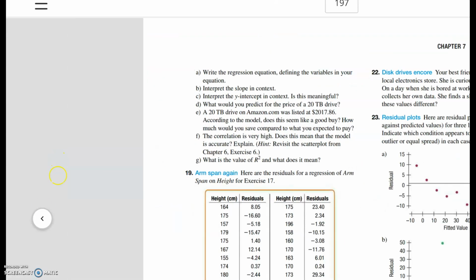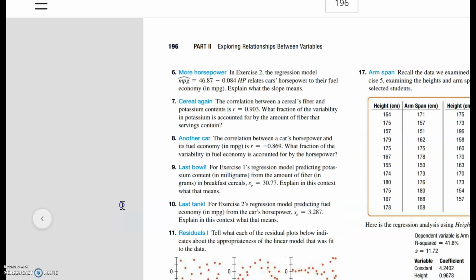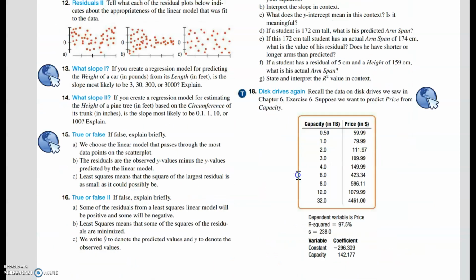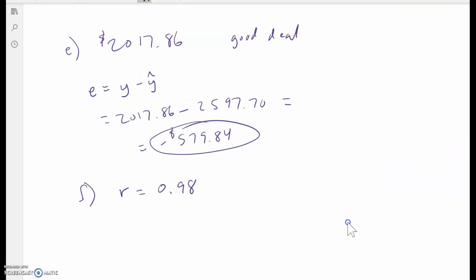Also, they tell you on the previous page, actually, they don't tell you correlation, but they tell you R squared is 97.5%, which is 0.975 in decimal form. Take the square root and you get your R. But from an earlier video, we knew already it was 0.98. So R is very high.